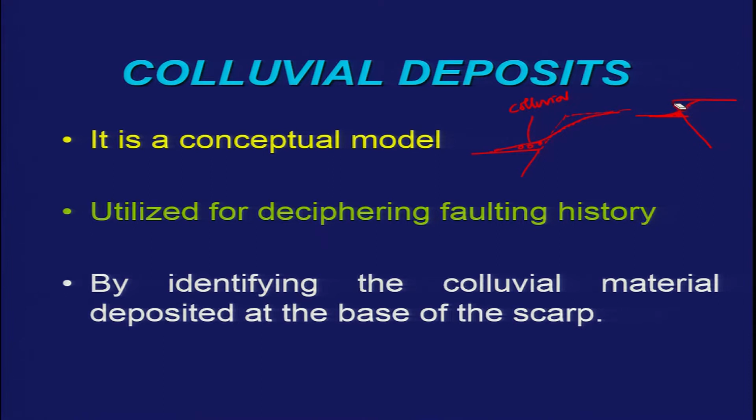Finally, the fault is sitting somewhere here, or maybe not exactly cutting the colluvial material, but the fault will be covered by the colluvial material, and you will have the profile something like that, and the previous one was like this. So, considering the colluvial wedges, one can get back into the history of faulting on that particular fault.